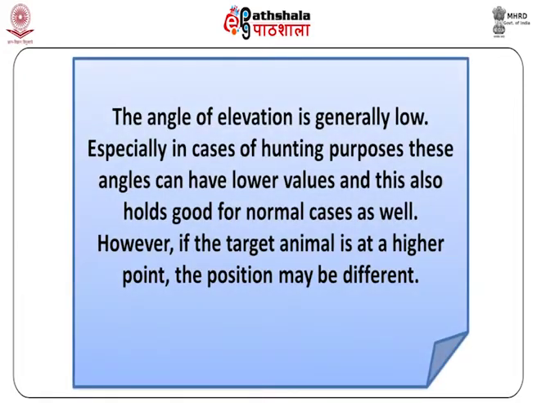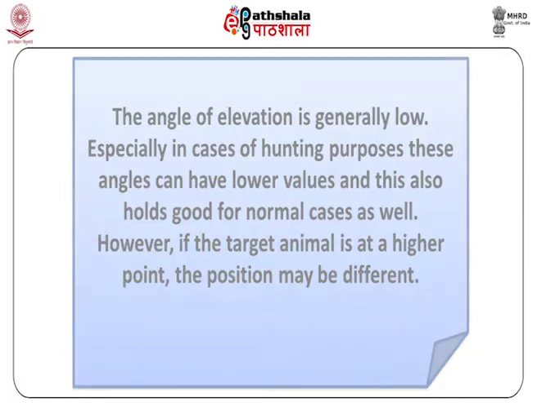The angle of elevation is generally low, especially in cases of hunting purposes. These angles can have lower values, and this also holds good for normal cases as well. However, if the target animal is at a higher point, the position may be different.